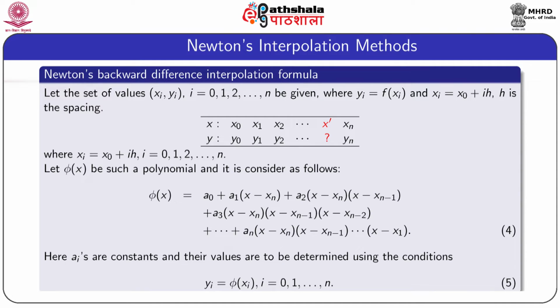The last term is an into x minus xn into x minus xn minus 1 up to x minus x1. Note that a0 is the constant term, a1 into x minus xn is a linear polynomial, the third term is a second degree polynomial, and the last term is an n degree polynomial. So, phi x is finally a polynomial of degree n, and the values of a0, a1, a2 up to an are determined using the condition yi equals phi xi for all i equals 0 to n.